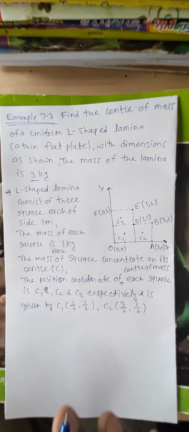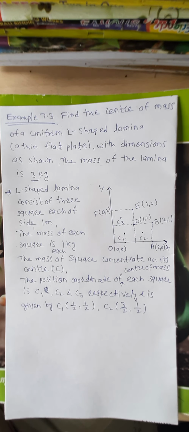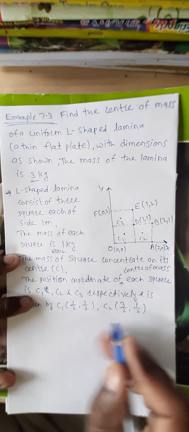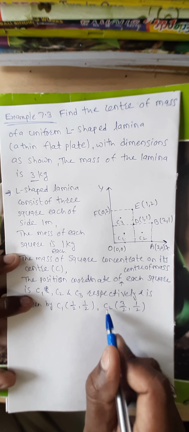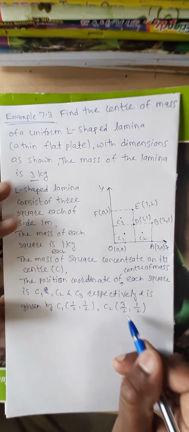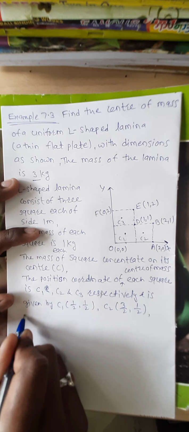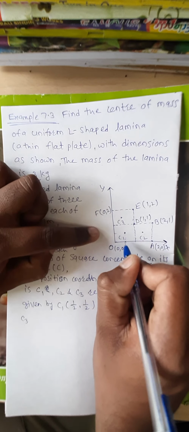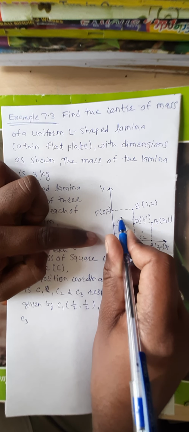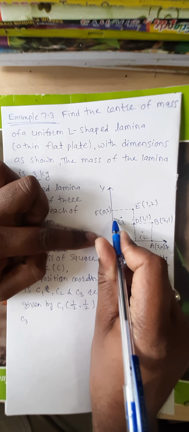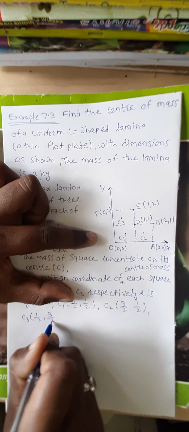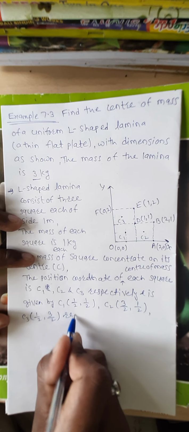Therefore, the center of mass of the first square, C1, is (1/2, 1/2), the second square's is (3/2, 1/2), and for the third square, along the x-axis the point is 1 by 2, and along the y-axis 3 by 2, meaning (1/2, 3/2) respectively.